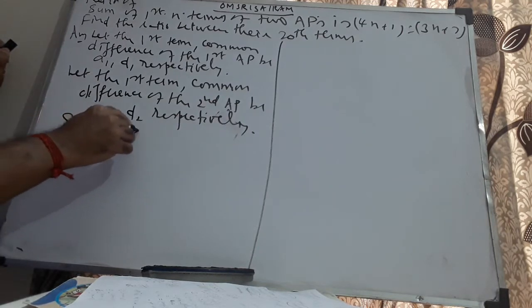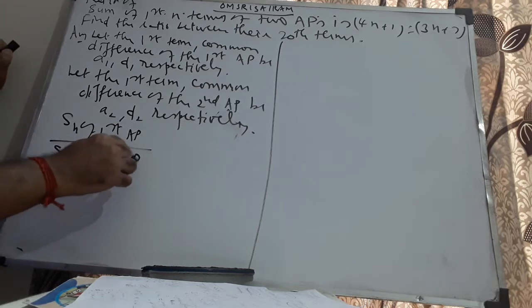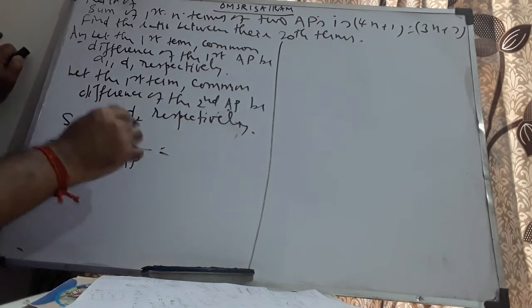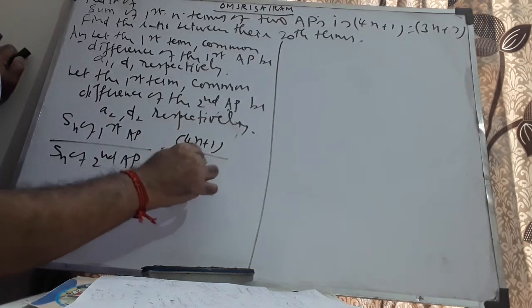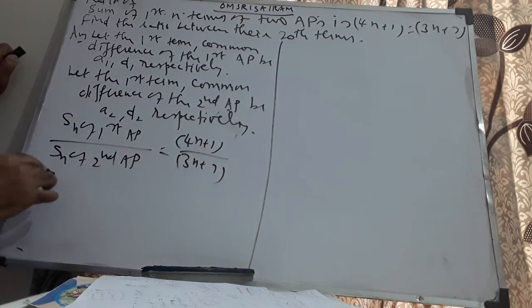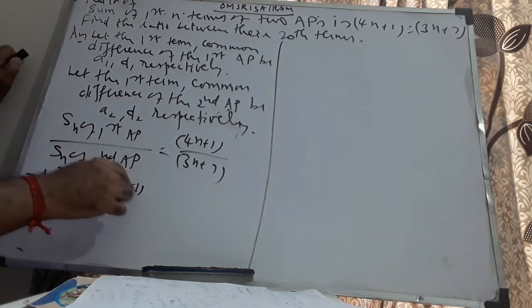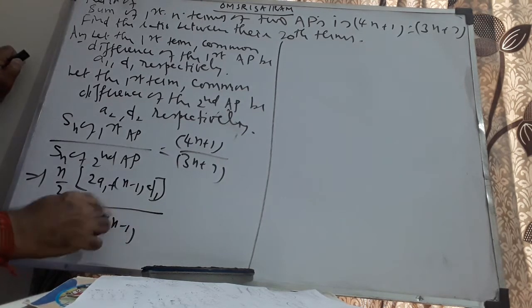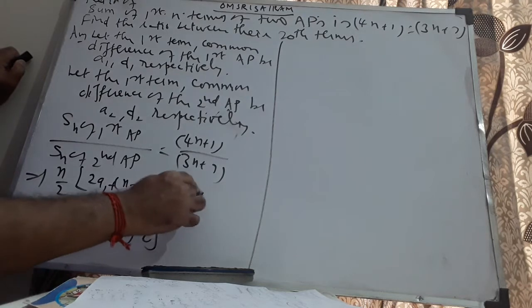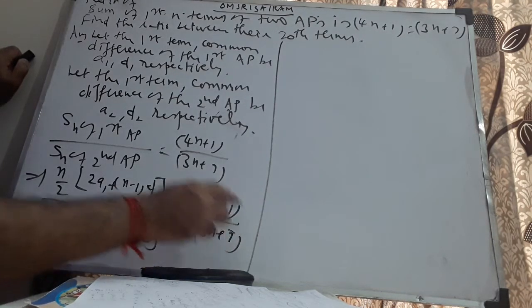Sn of first AP divided by Sn of second AP is equal to, it is given to be, 4n plus 1 divided by 3n plus 7, which implies n by 2 into 2a1 plus n minus 1 into d1, this is the formula, divided by n by 2 into 2a2 plus n minus 1 into d2 is equal to 4n plus 1 by 3n plus 7.